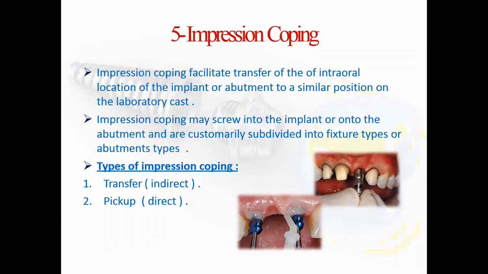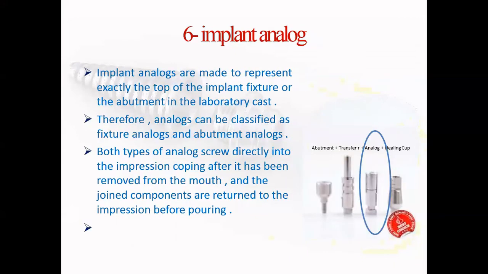We can do it as a transfer or indirect method, where we send it to the lab where they pour the model and prepare the abutment surface, over which they prepare the crown. Or we can make it as a pickup or a direct method, where we place the abutment and over which the impression is taken and its crown is placed over the abutment.